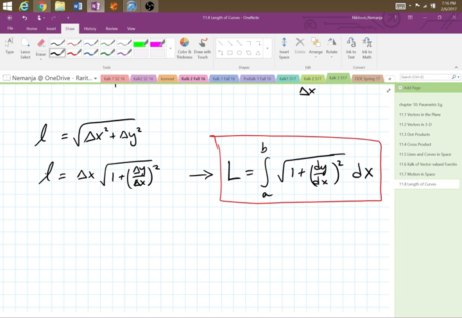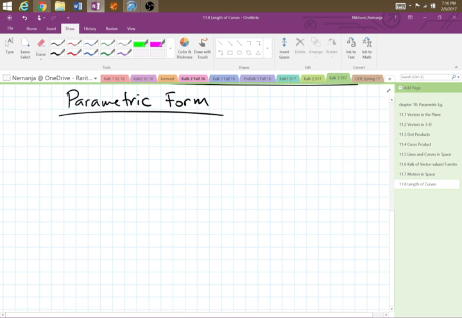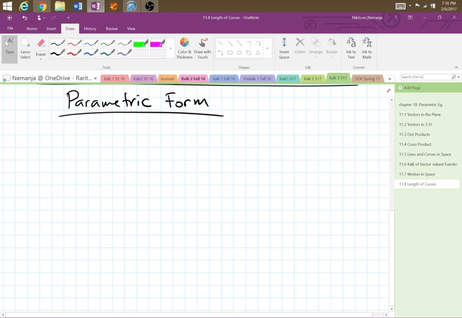So for the parametric form, let me actually get a title. Now this derivation would be important for our honors option students to know, because this could be an exam question. So what is the parametric form?